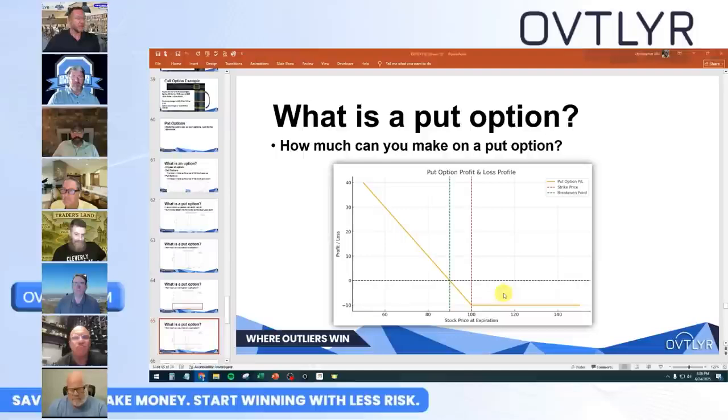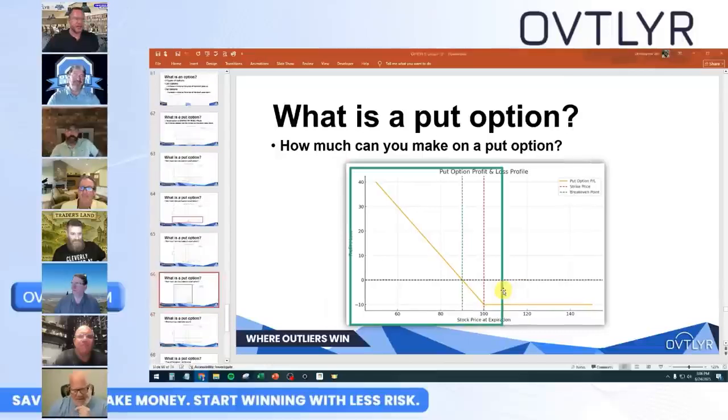How much can you make on a put option? Mike, how much could you make on a put option? I'm going to guess infinite amount. And I'm wrong, right? Infinite amount with an asterisk. So you're 99% right. I'm still trying to understand this chart, where you saw the $10.